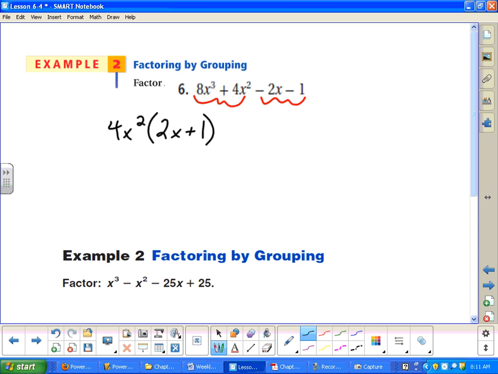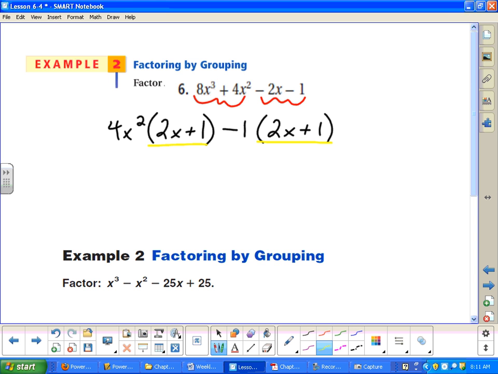What's the greatest common factor of negative 2x minus 1? Negative 1. So if I take out that negative 1, what do I have left? 2x plus 1. And here's the thing. Our goal is to get these 2 things to be the same. If they're the same, then factoring by grouping works. If they're not the same, then you can't factor by grouping.